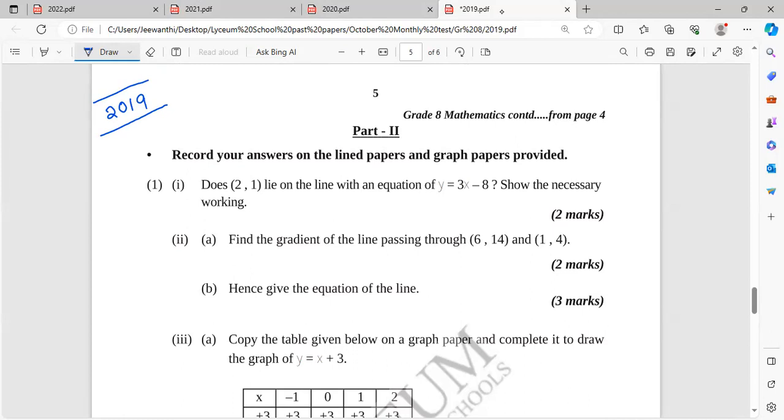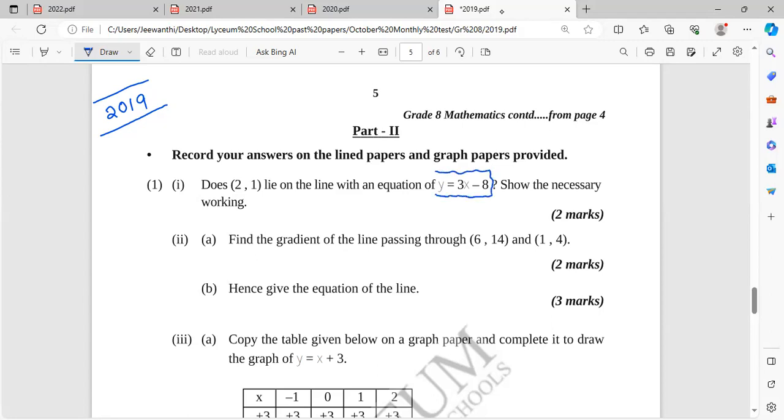And keep this in your mind, children: when you are using the line papers, you can get the space as you wish and you can show all of your workings, right? Here they have given the first one, a coordinate point (2, 1). And you want to check whether this point lies on the line given by y = 3x - 8.